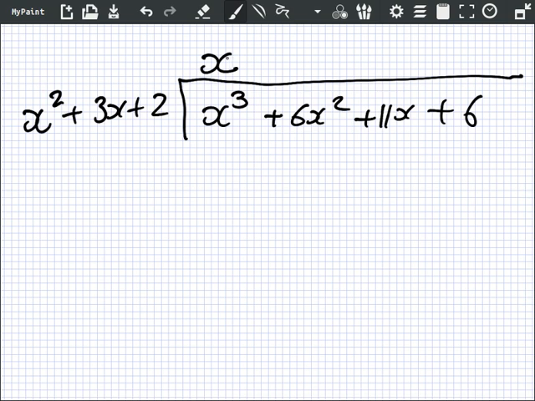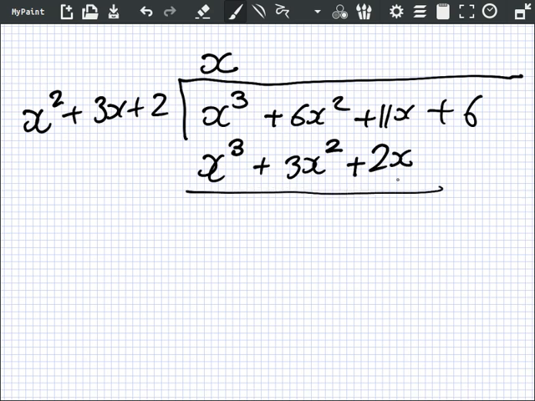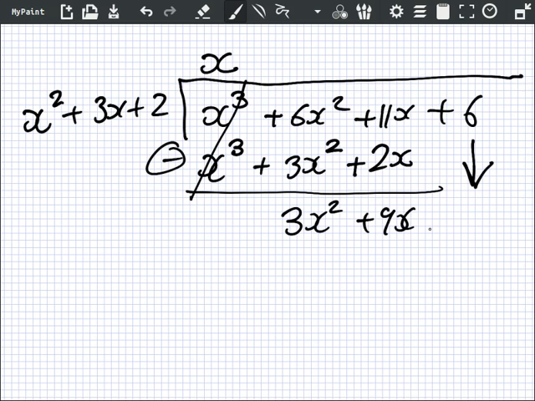Let's carry out the multiplication. X cubed plus 3x squared plus 2x. Subtraction next. Cancel. 3x squared, plus 9x, and then carry down the 6.